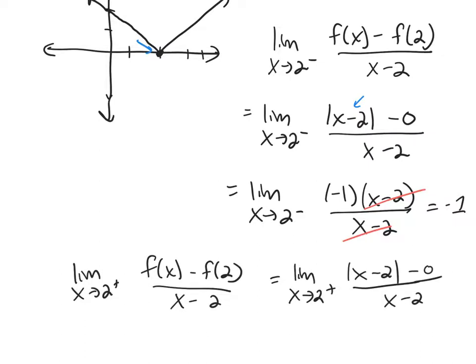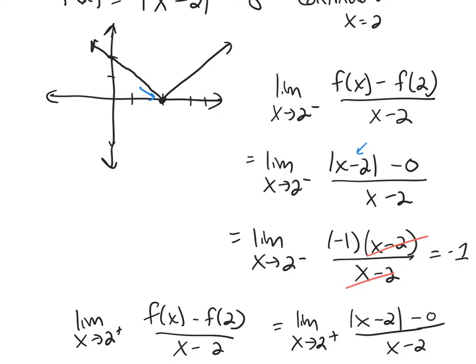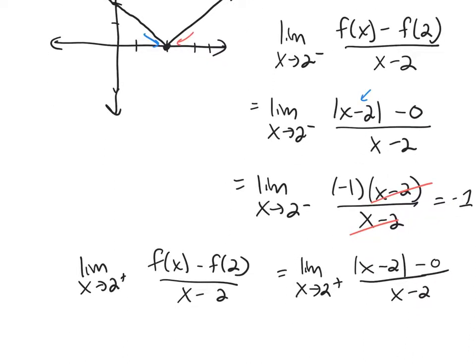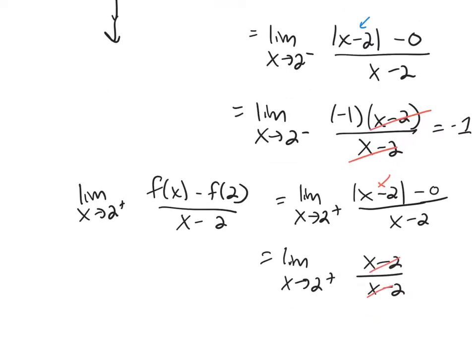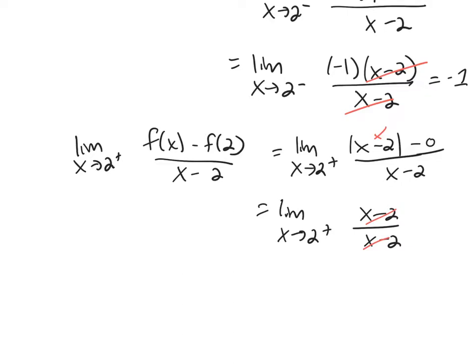If I'm approaching from the right, then x minus 2 would be positive, and so this limit would just be the limit as x goes to 2 from the right of x minus 2 over x minus 2, and those both cancel, so I'm just looking at the limit as x goes to 2 from the right of 1, which is 1.